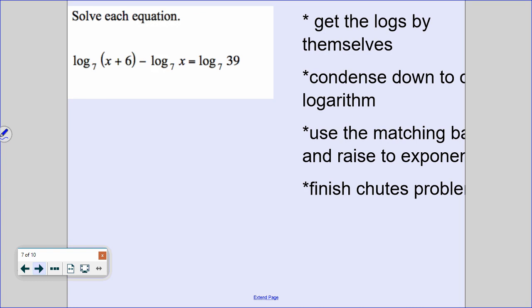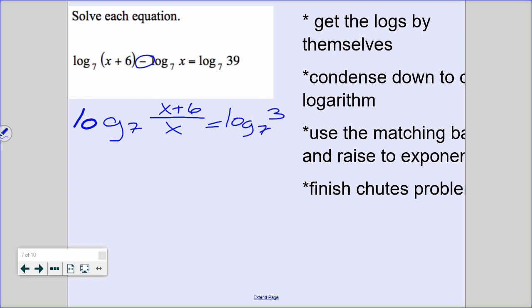All right. So I want to combine these as one log. Log base 7 of x plus 6 over x, because it's minus, equals log base 7 of 39.